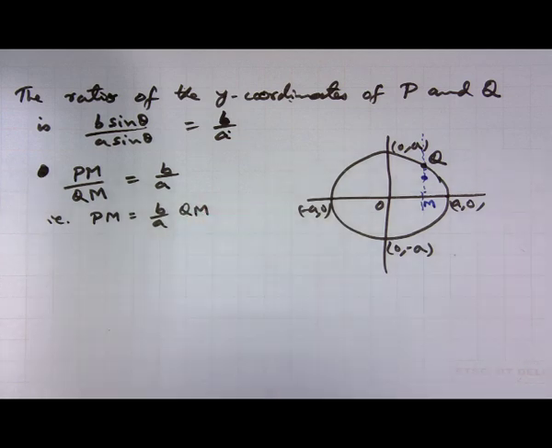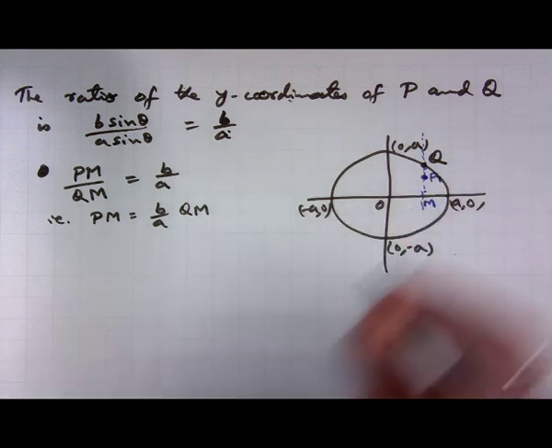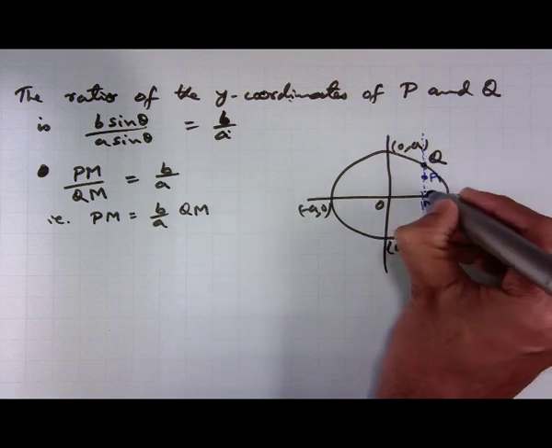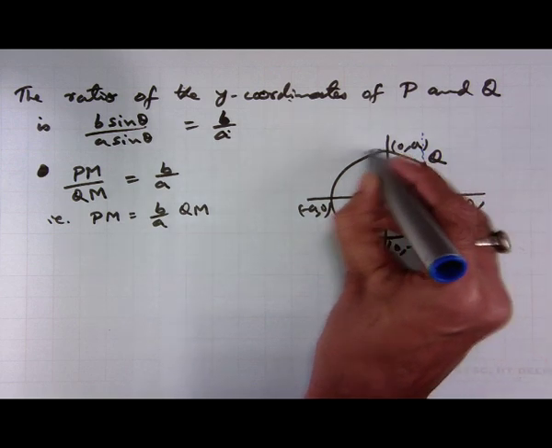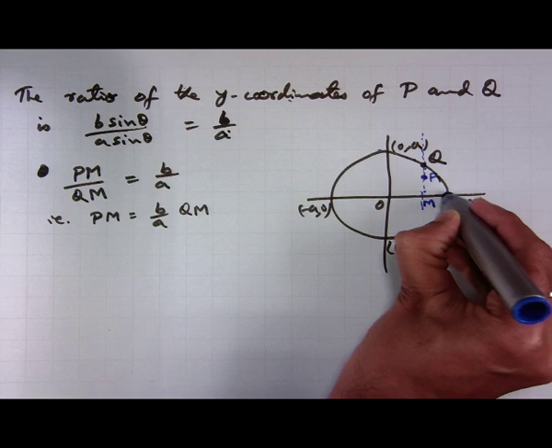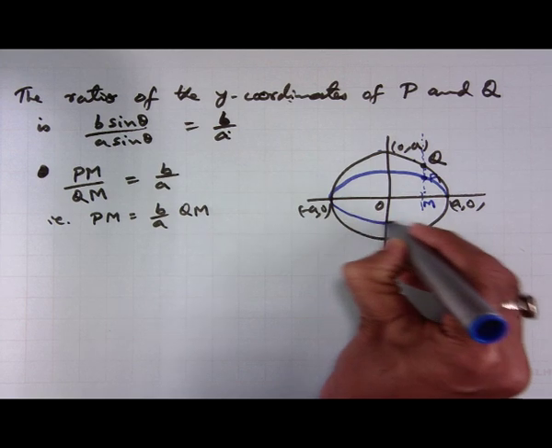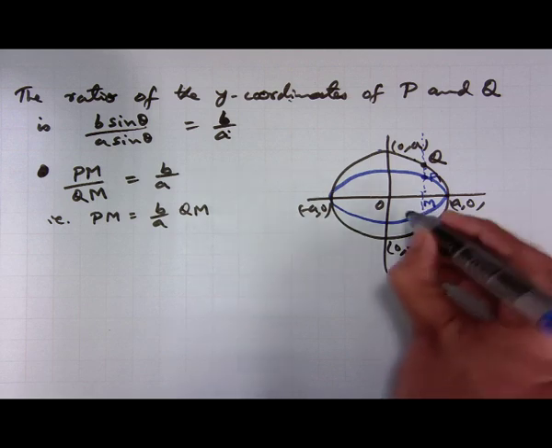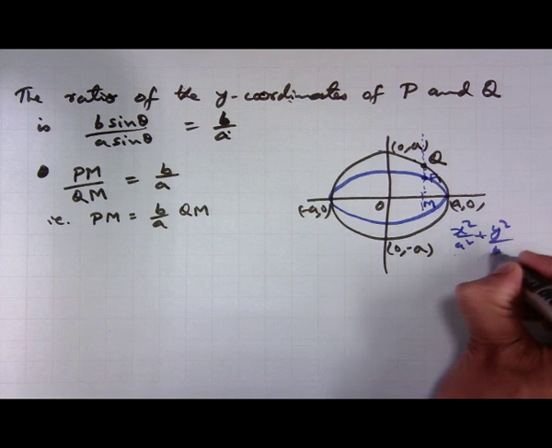So, you take this point P whose y coordinate is b by a times the y coordinate of Q, and if you keep varying the point Q on the circle, what you get is the ellipse x square by a square plus y square by b square equal to 1.